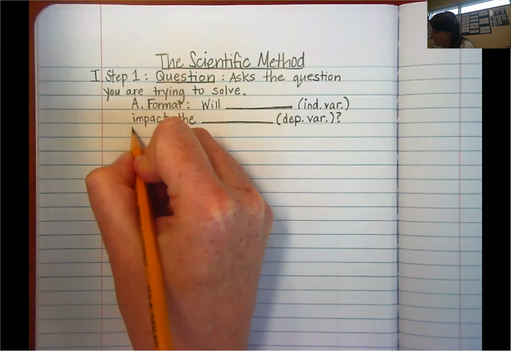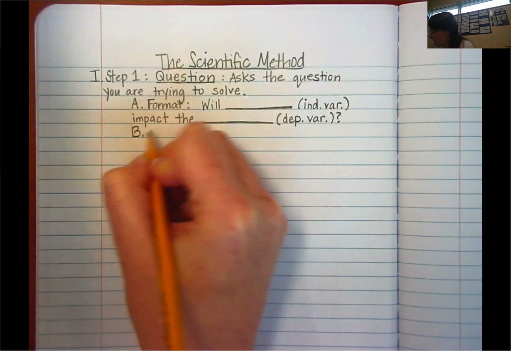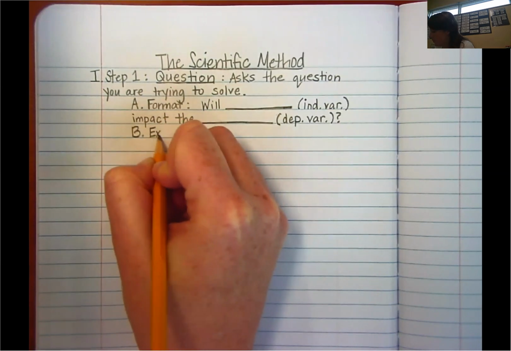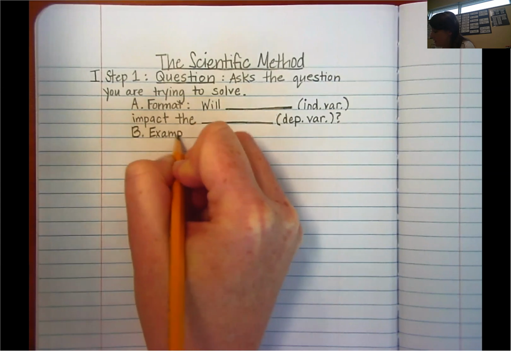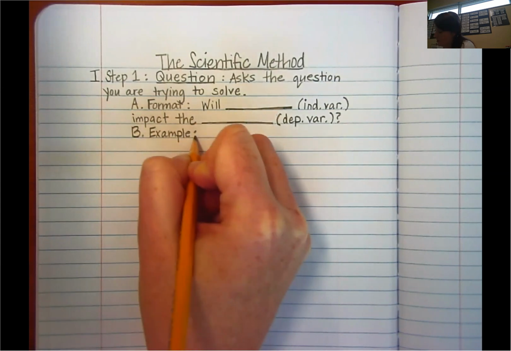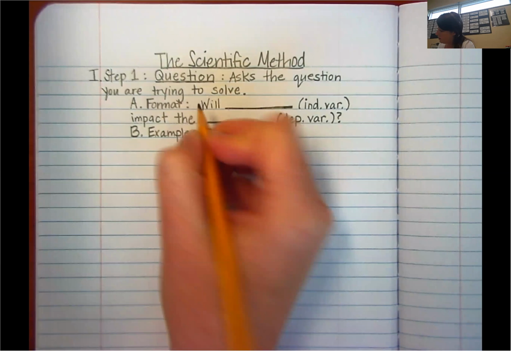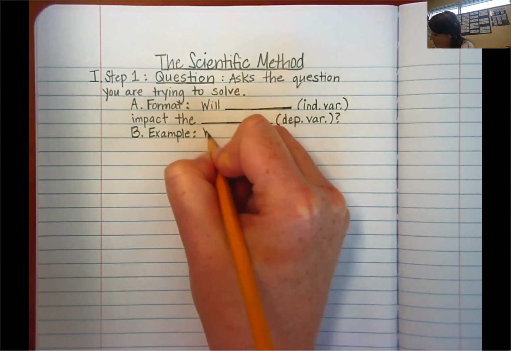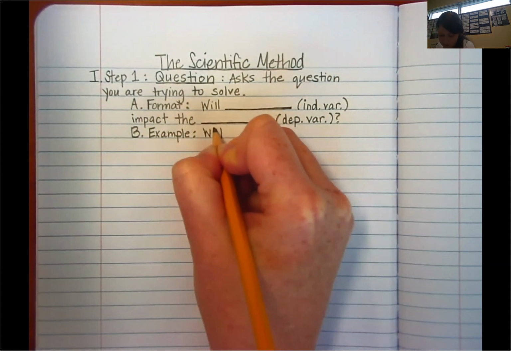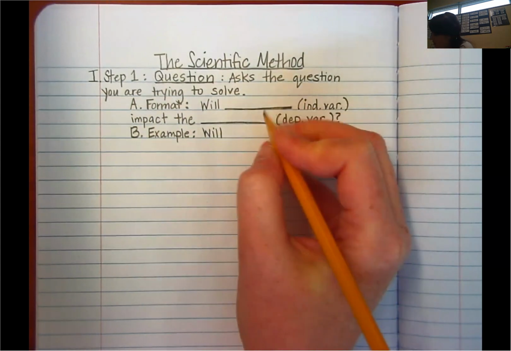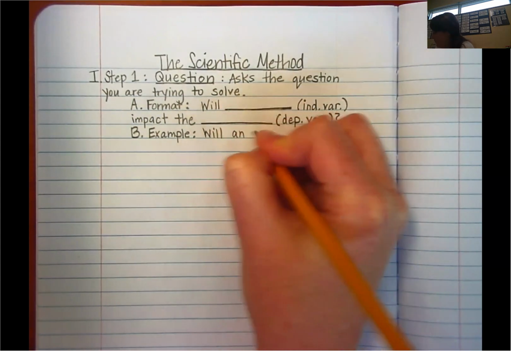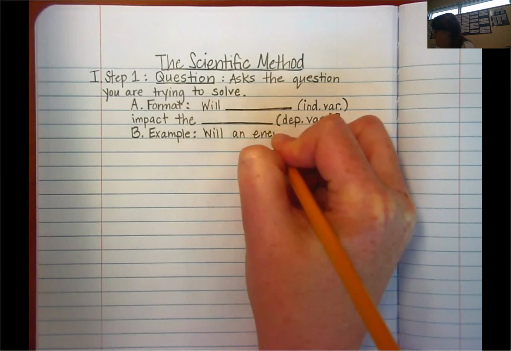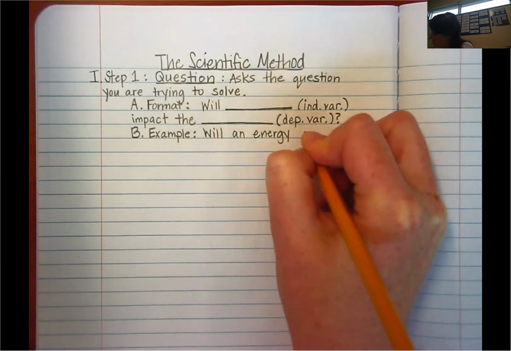So my sub-bullet 2 is going to be an example. I'm going to use the example from the slideshow that you went over about the magic seeds. So the question was, will, and the independent variable in that case was an energy drink. And the independent variable is just what is going to be changing.